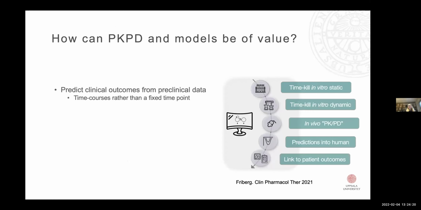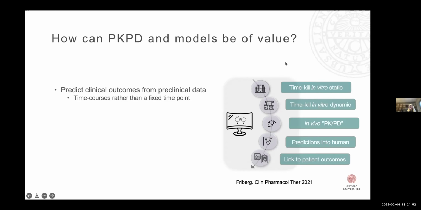So how can our pharmacokinetic and pharmacodynamic models be of value? So we can predict the outcomes from preclinical data. That's the ideal case, and that's what we are trying to do, and find these relationships that work well. And with our techniques, we can use the time courses rather than just a fixed time point, and also account for that the time course in a test tube may not look like a time course in a human.